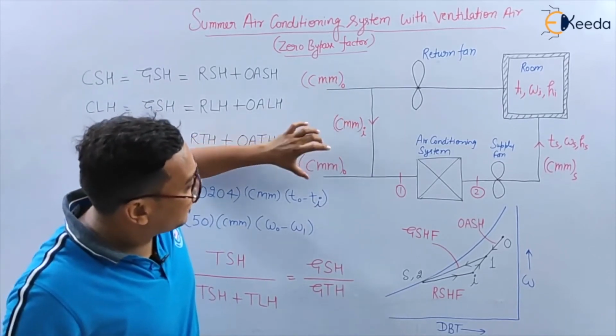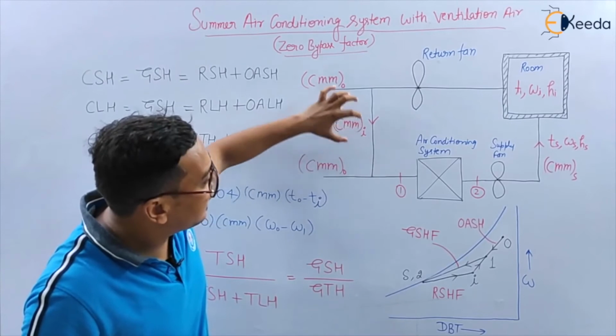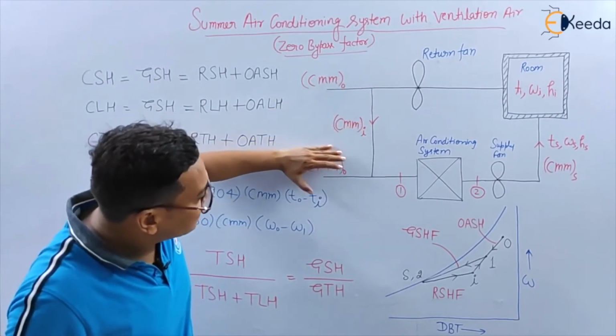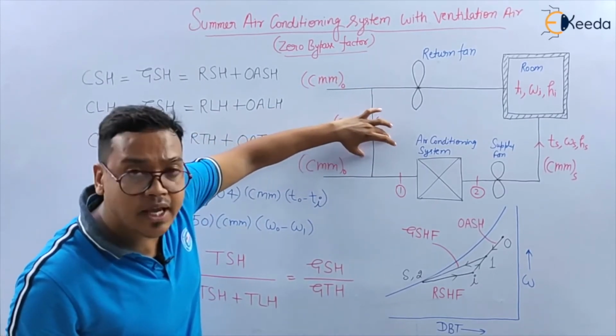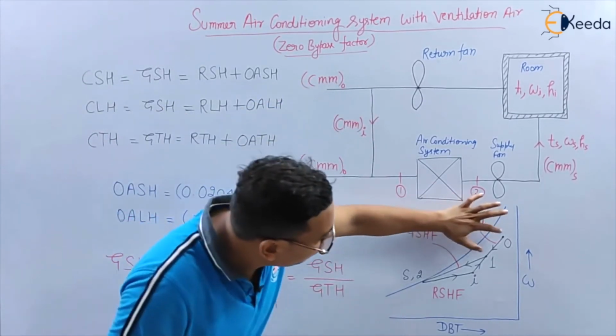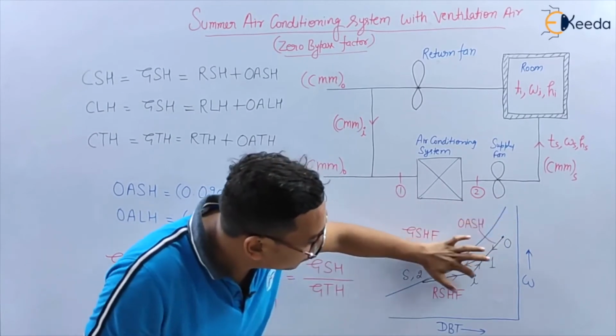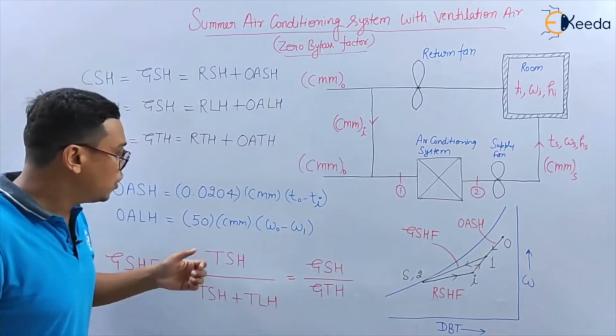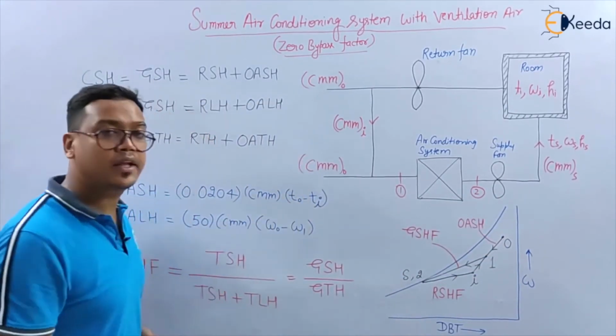This air is coming from the outside and this is return air. So this air will try to mix with this air. So the total heat load for this condition is O to I. So this is T0 minus Ti.